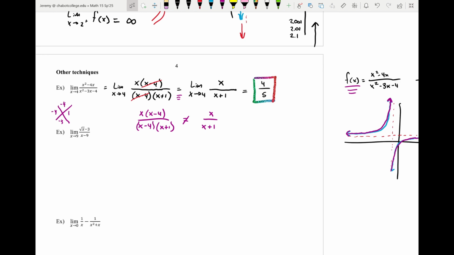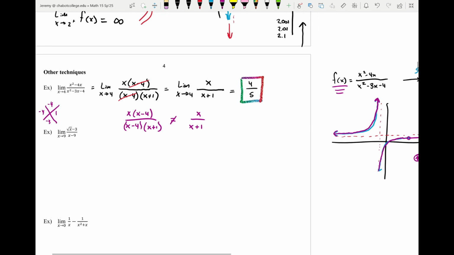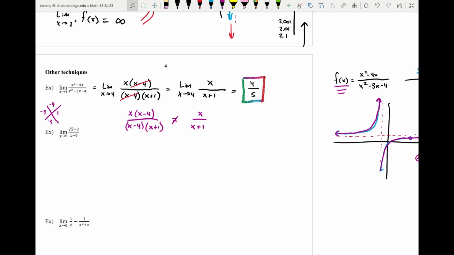It only cares what's happening to the function when we input values very, very close to 4 on the left and the right. So that is why we can have a limit symbol here, right? Because the only thing that changes when we cancel out the factor x minus 4 is the behavior of the graph at x equals 4, which the limit does not mind at all.